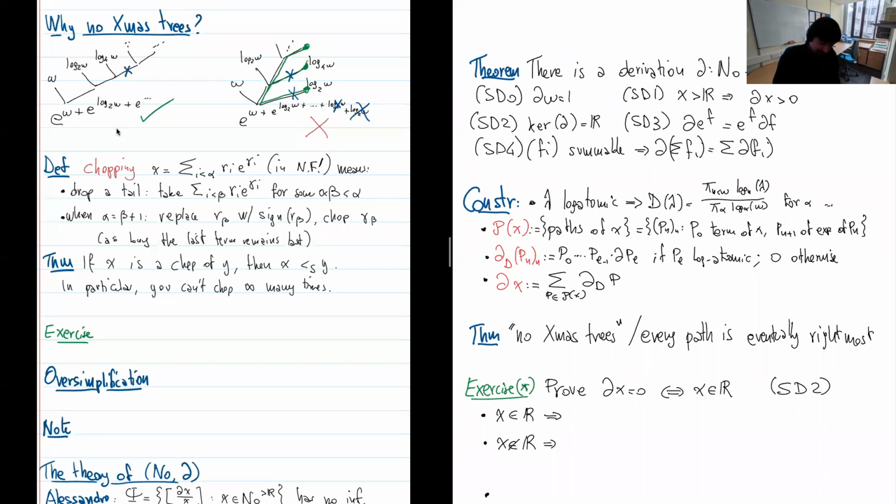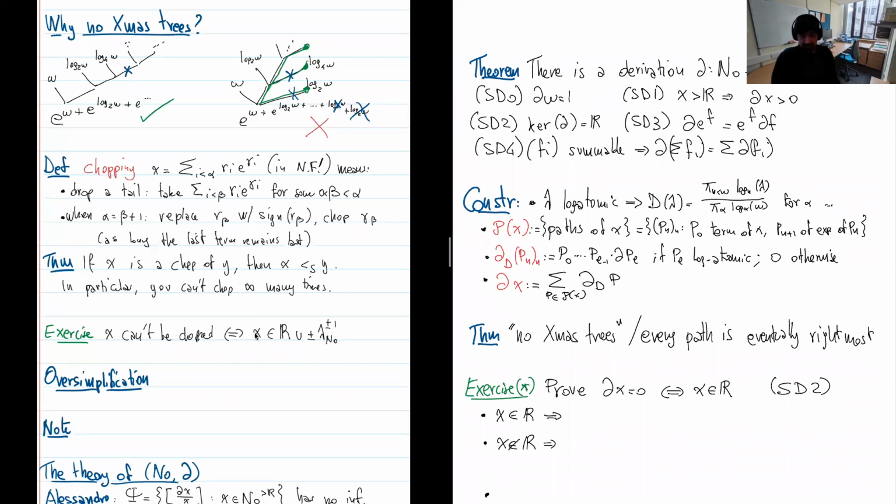And in fact, the exercise that I leave to you is to show that X cannot be chopped if and only if X is a real number, or it could be a logarithmic number, but maybe with some coefficients, maybe plus or minus in front of it, and maybe you can even take the inverse of a logarithmic number.